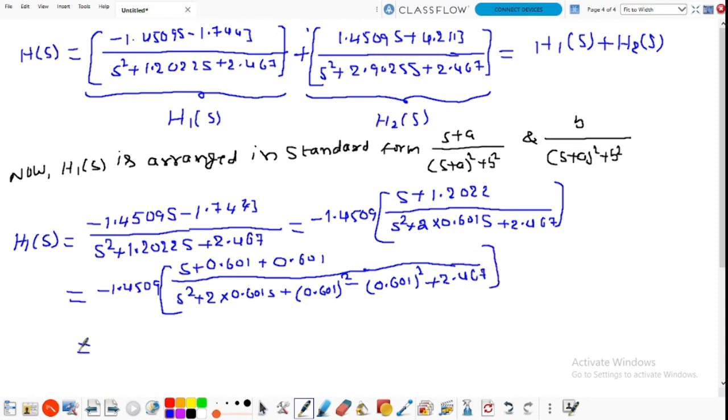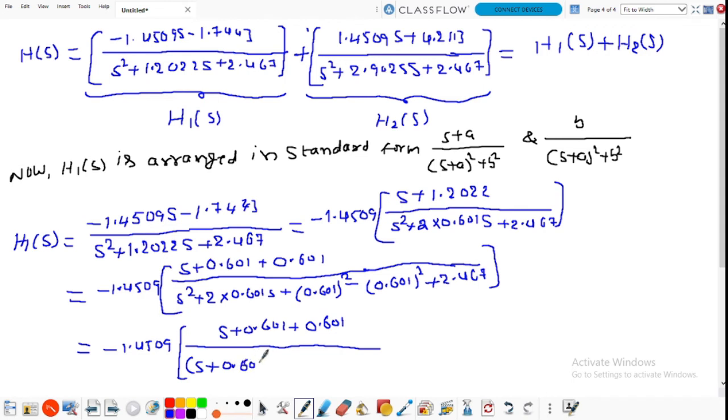So that is equal to minus 1.4509 into S plus 0.601 plus 0.601, divided by, in the denominator term, S square plus 0.601 whole square plus 2 S 0.601, written as S plus 0.601 whole square, plus 2.467 minus 0.601 whole square, which is 1.451 whole square.